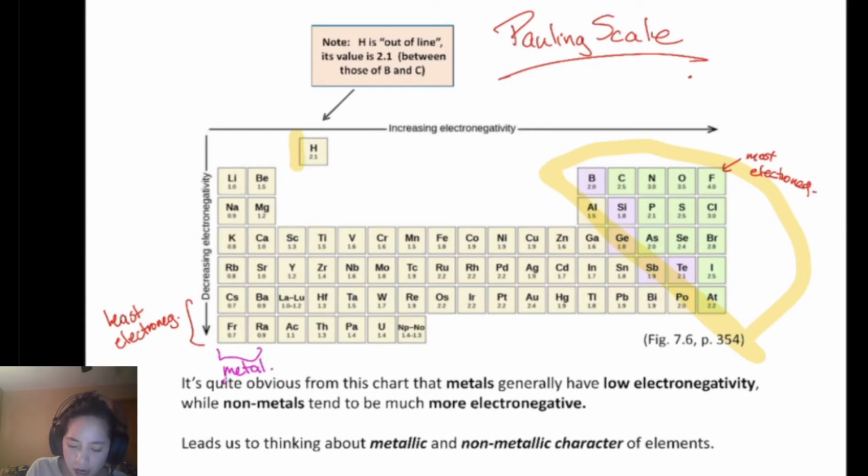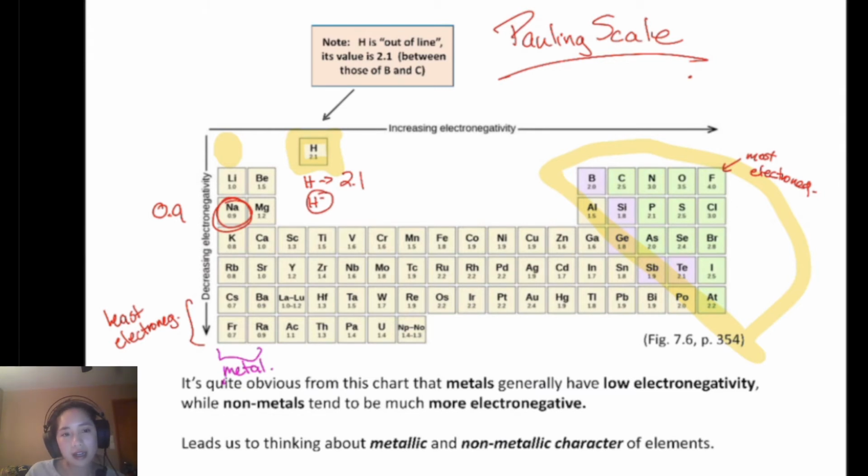I forgot to mention that hydrogen here on our Pauling scale of electronegativities, you can kind of see that hydrogen is out of place, right? Hydrogen usually is here on the periodic table, but when it comes to electronegativity, hydrogen has a Pauling scale of 2.1 versus sodium, which has a Pauling scale of 0.9. So if you compare the value 2.1 versus 0.9, hydrogen is much more likely to associate itself with an electron. So you are more likely to make an H minus ion than an Na minus ion.